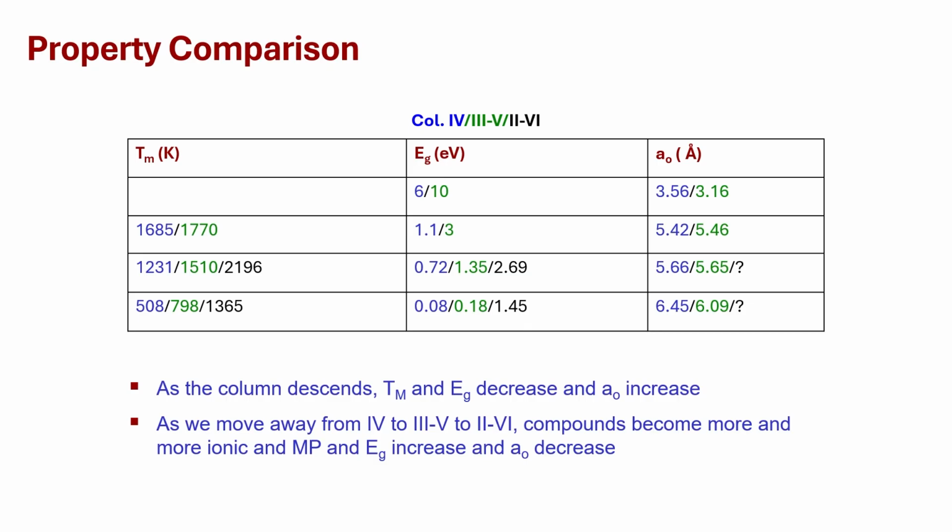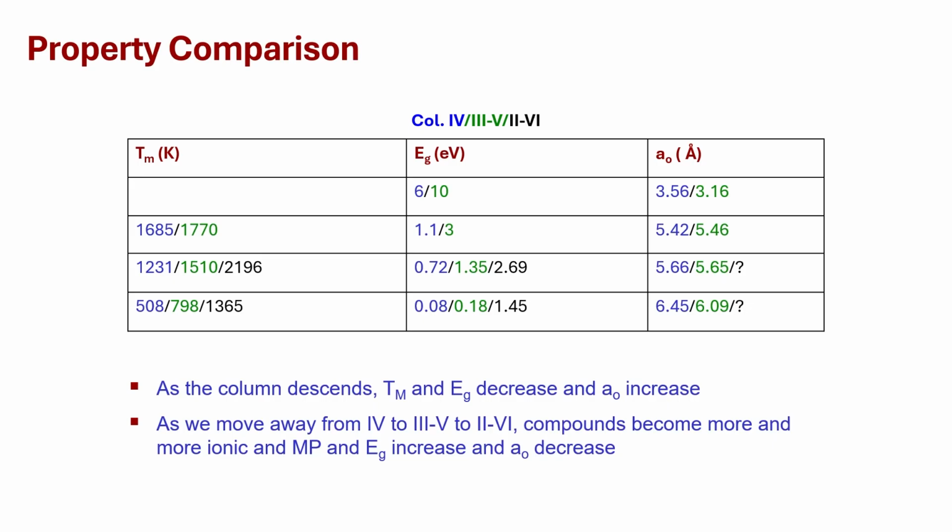So if we plot 3 key properties, that is melting point, energy gap and lattice parameter, what we see is that as you go down the column, both melting point and band gap decrease and lattice parameter increases. This is understandable because as you go down the column, the bonding becomes weaker, as a result your melting point and band gap decrease.